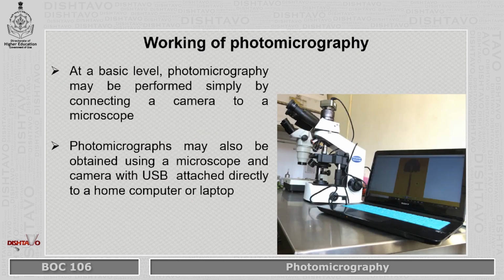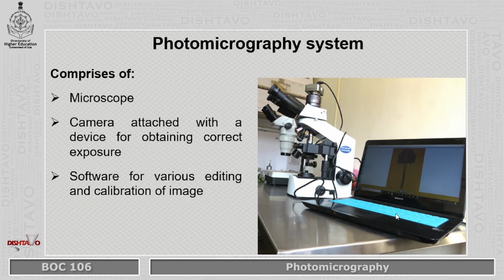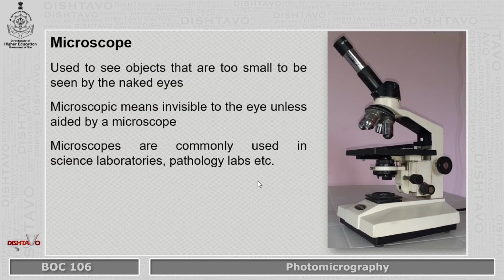At a basic level, photomicrography may be performed by using a simple camera connected directly to a microscope, or photomicrographs may be obtained by using a microscope attached with a camera, and the camera with USB can be attached to a home computer or laptop. The photomicrography system comprises a microscope, camera and software for editing and calibrating the image.